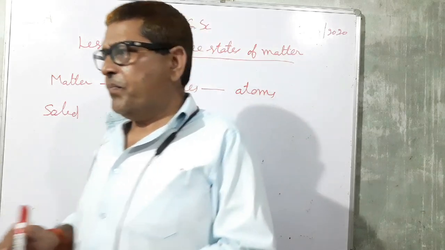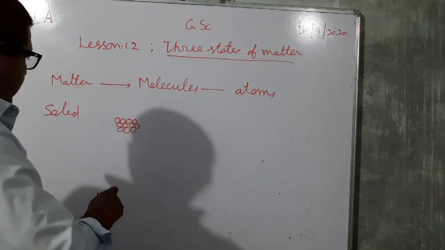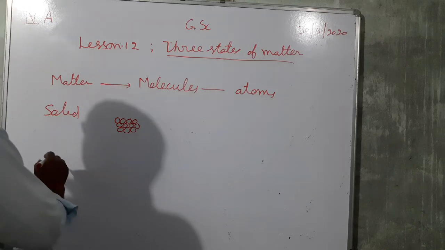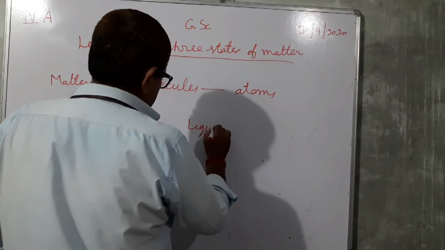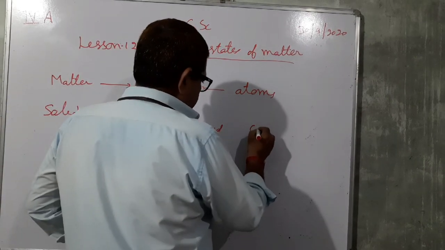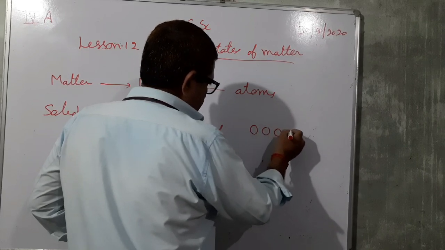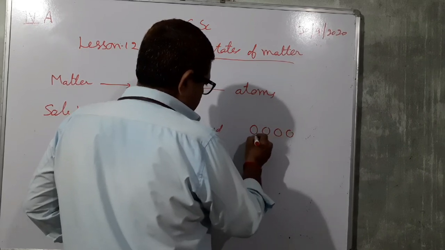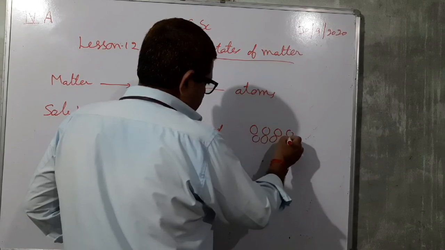They are not very closely packed, but they are in the liquid. A little they are away from each other. In solids the molecules are very closely packed, but in liquids they are not very closely packed.